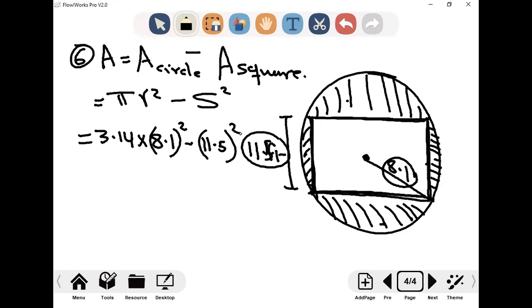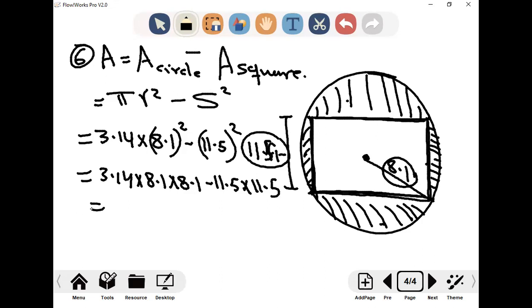Power 2 means multiplied by itself 2 times. This is equal to 3.14 multiply 8.1 multiply 8.1 minus 11.5 multiply 11.5.